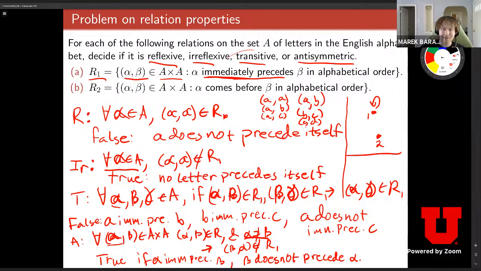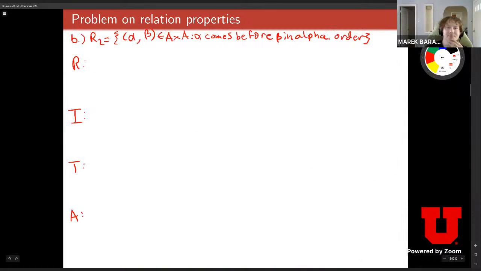Okay. So for this one, we'll move through it faster. We have R2, the pairs alpha and beta in the product of the alphabet with itself, and here alpha comes before beta in alphabetical order. So is this one reflexive? Yeah, this one is not.